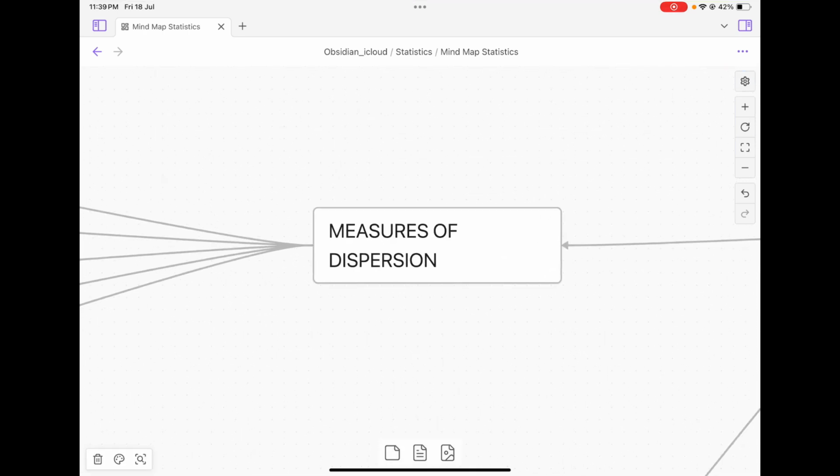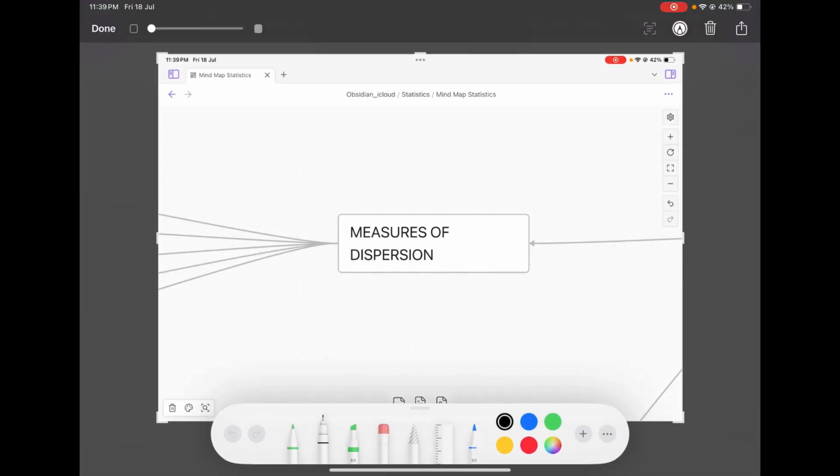So what do we mean by measures of dispersion? Suppose you are given data like 1, 5, 10, 100, 1000, etc. Then you are given data 1, 2, 5, 6, 7.